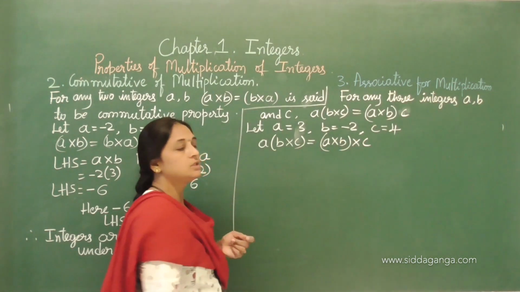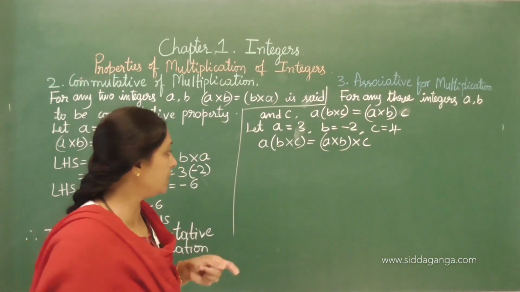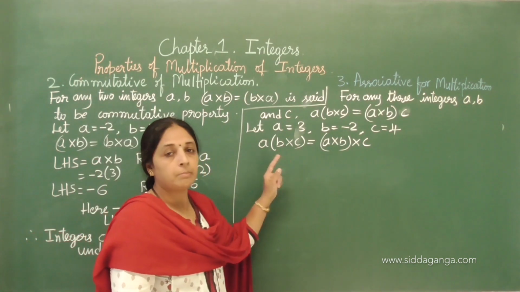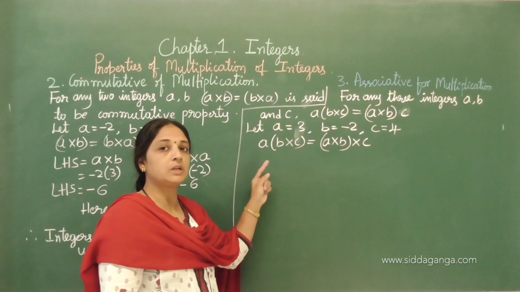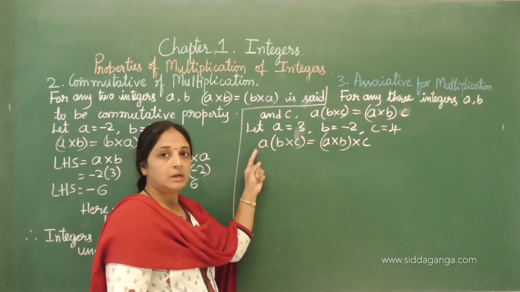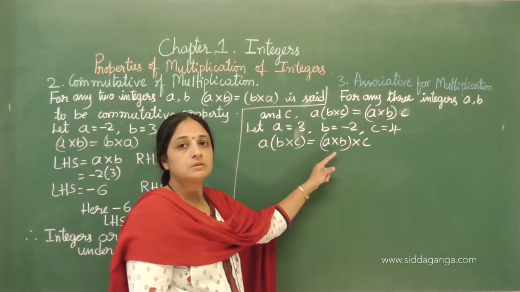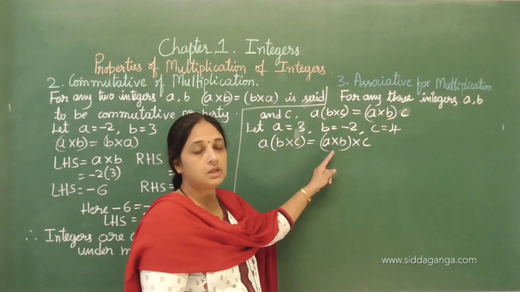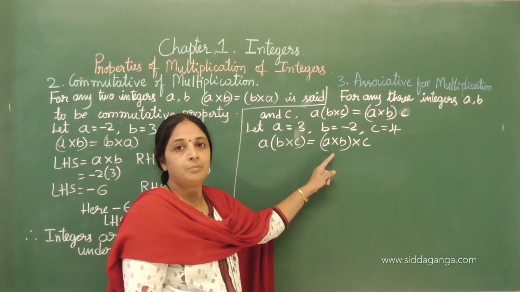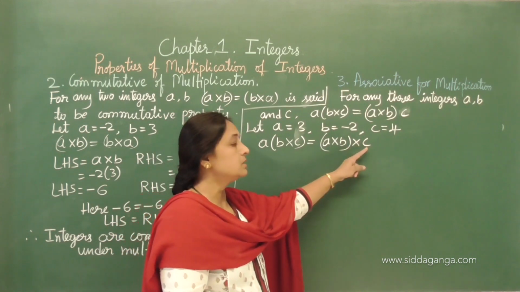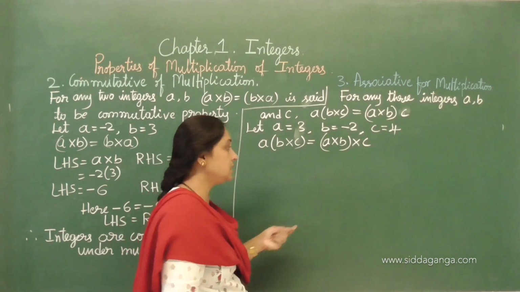Here first in LHS we multiply b and c, then the product is multiplied by a. And in RHS we multiply a and b first, then the product is multiplied by c.